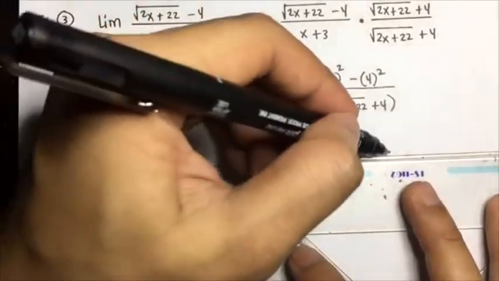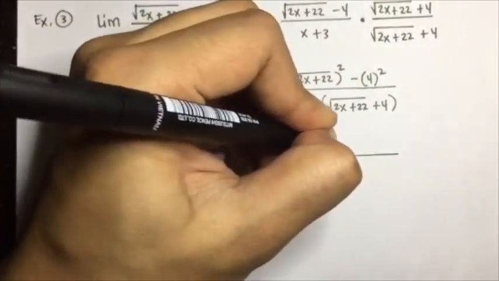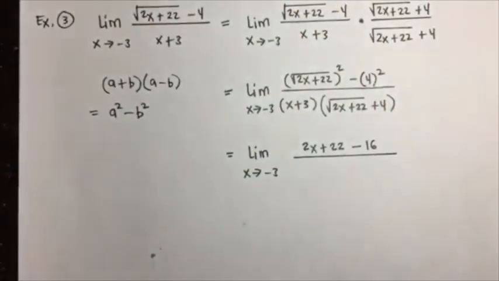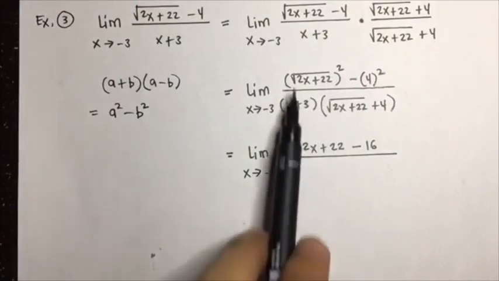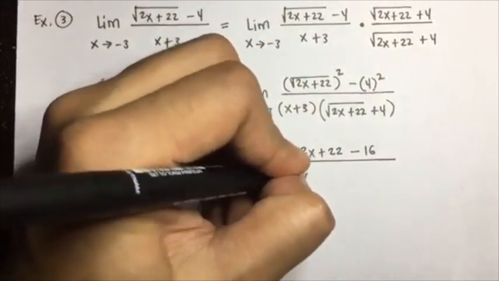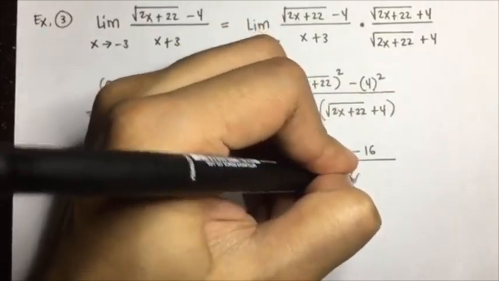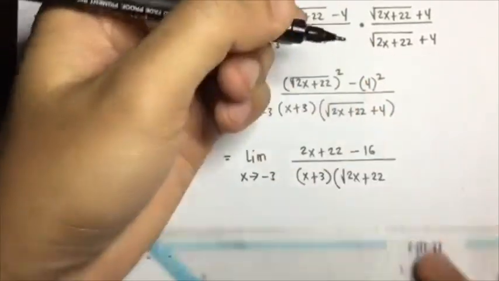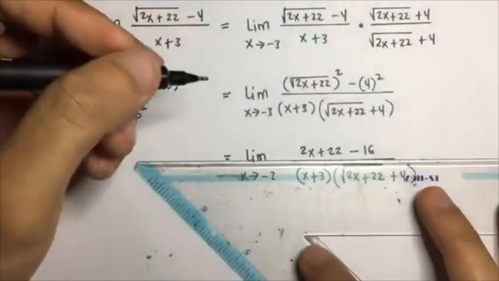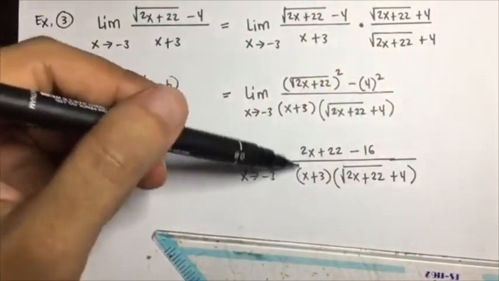So this becomes 2x plus 22 minus 16, because the square root squared eliminates the radical sign, over x plus 3 times the square root of 2x plus 22 plus 4. Make sure that the vinculum covers all of the numerator and the denominator.